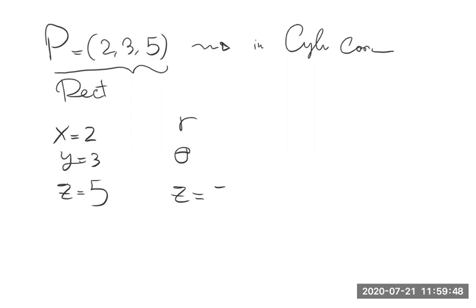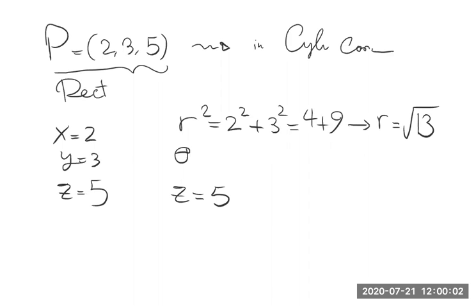Well, z is 5. What is r? I said we should use this equation: r squared equals x squared plus y squared. So r is the square root of 13. We take the positive one because I would like to think of it as the distance of a point to the origin. And what is theta?